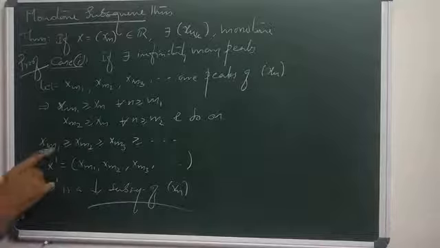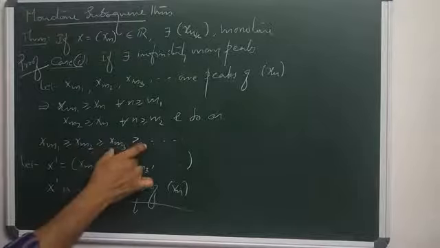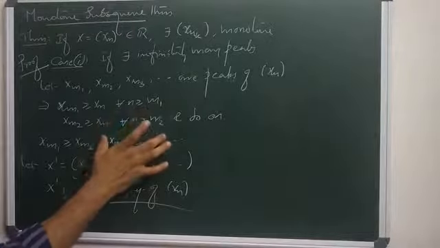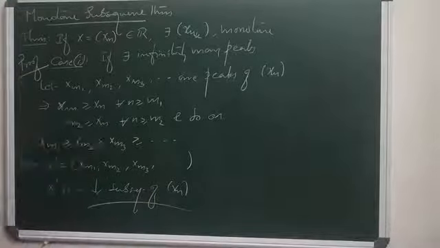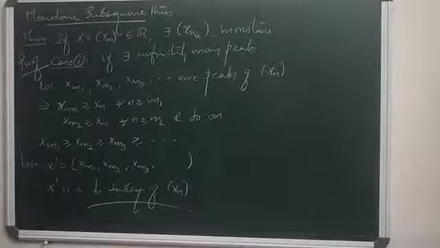So clearly xm1 greater than or equal to xm2 greater than or equal to xm3 is a decreasing sequence. So x dash is nothing but a decreasing subsequence of xn, that is a monotonic subsequence. That is the first case.